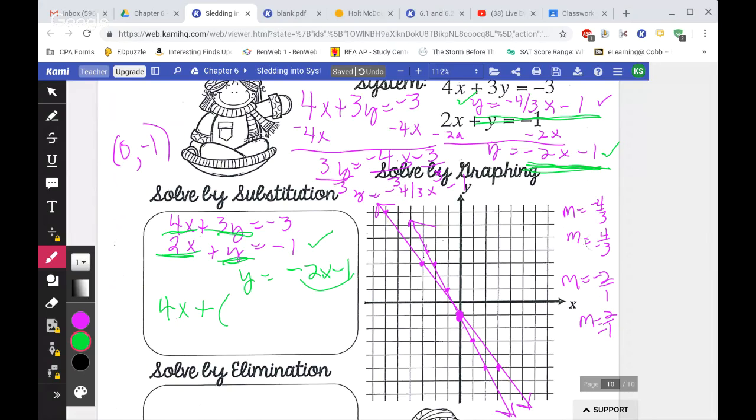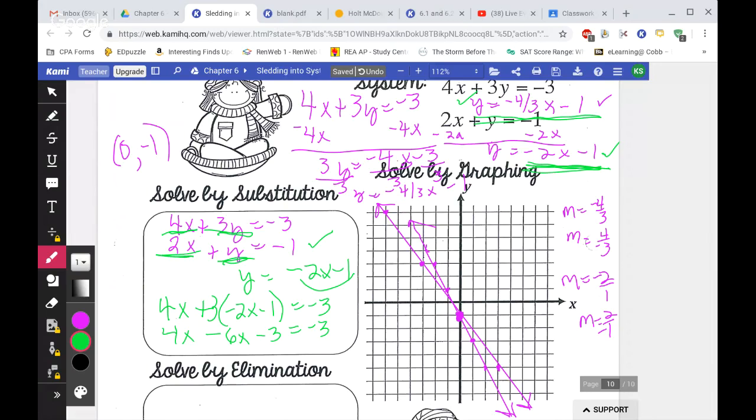4x plus 3 times negative 2x minus 1 equals negative 3. 4x minus, if I distribute that 3, that's 3 times negative 2x, which is negative 6x, and 3 times negative 1 is negative 3.